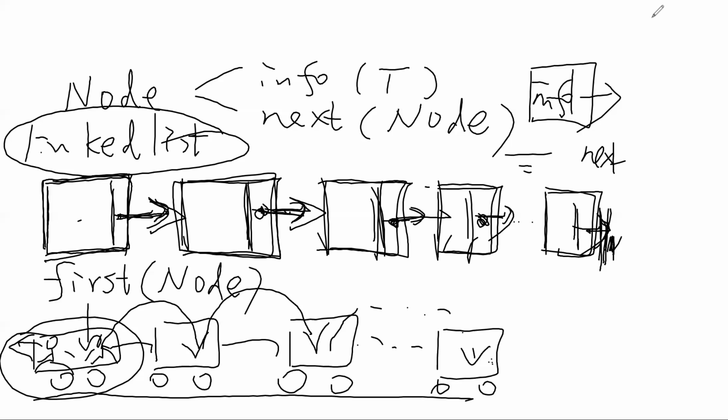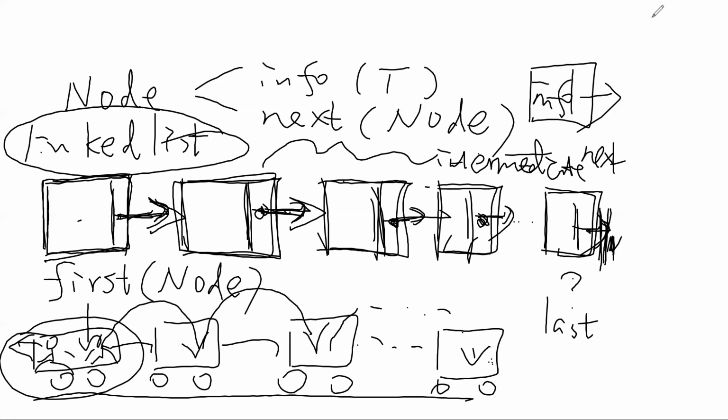But then the question is, how can you know which nodes are the intermediate nodes? And how can you know this is the last?